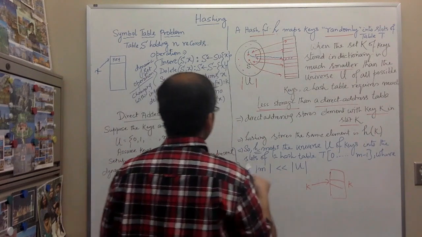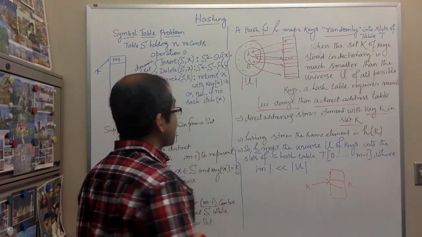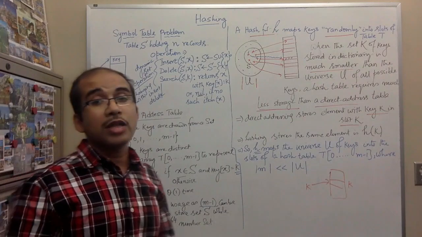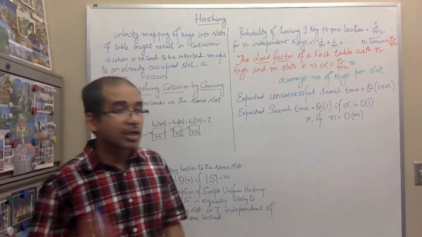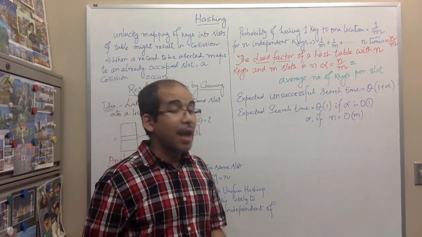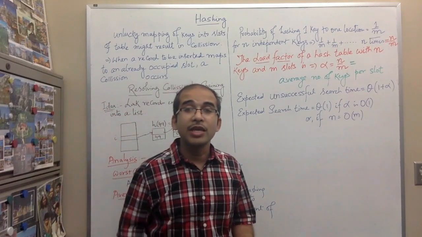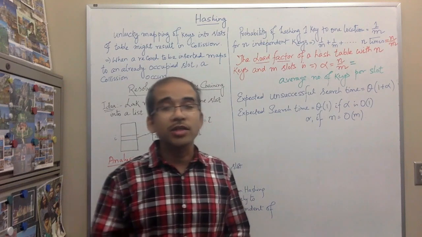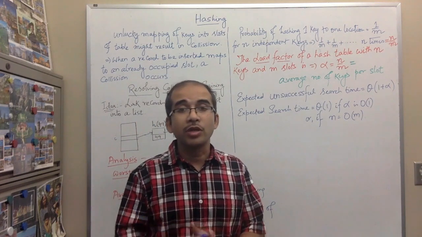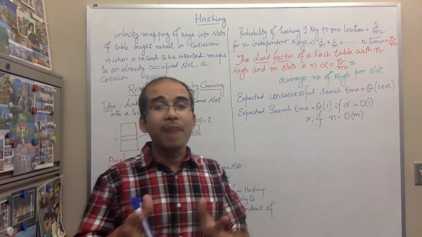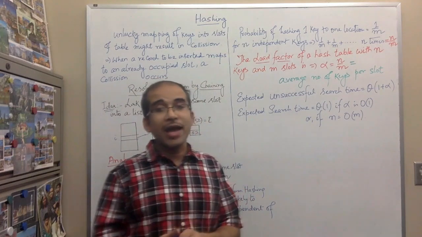And as I said, multiple elements can map to the same slot in the hash table, and that is called hash collision. If you have an unlucky mapping of elements, then the worst case is that all the elements of the set S will be mapped to the same slot in the hash table.